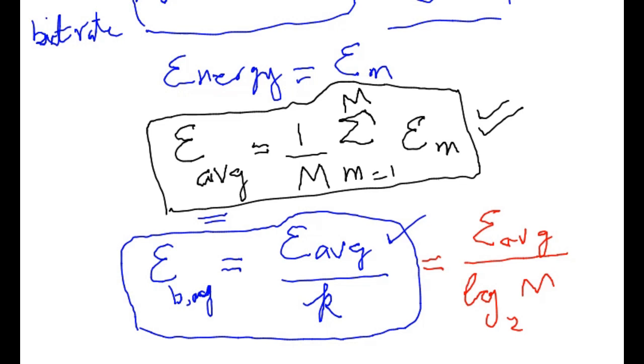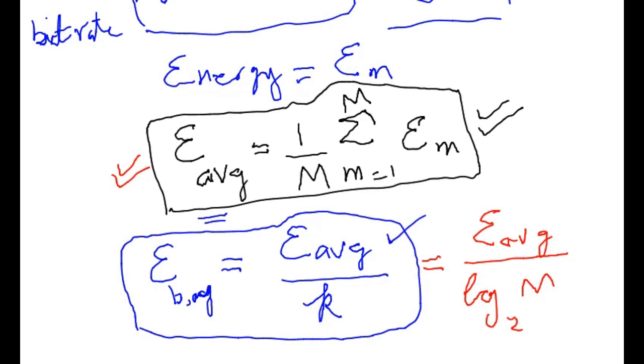We will see shortly for our pulse amplitude modulation that we compute our average symbol energy using this expression, and the bit energy can be computed from the symbol energy if you know that each symbol carries k bits. Sometimes we are interested in the average power.